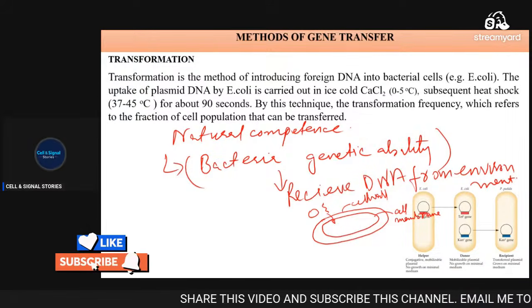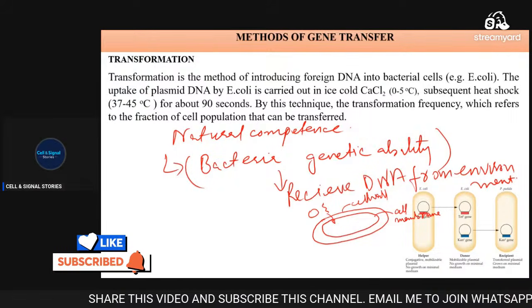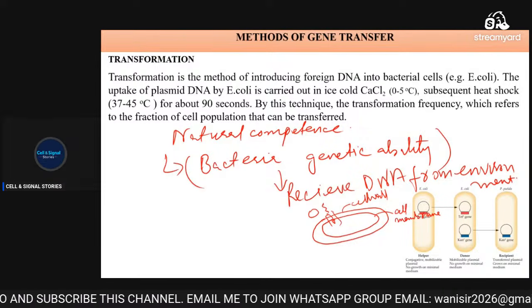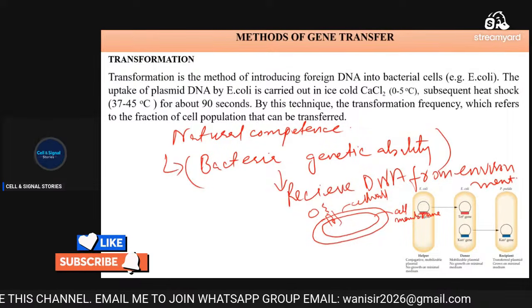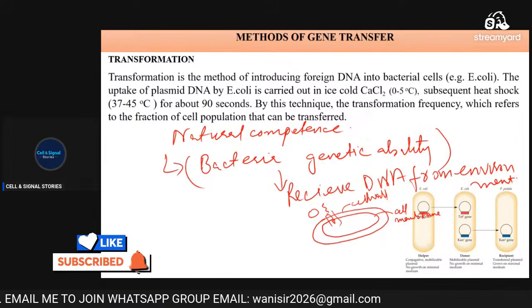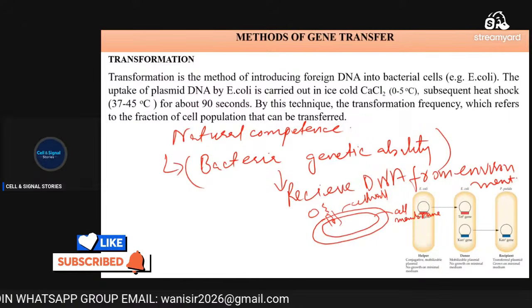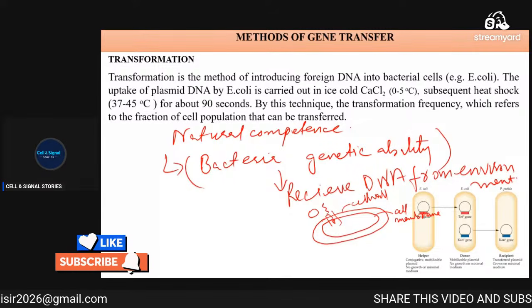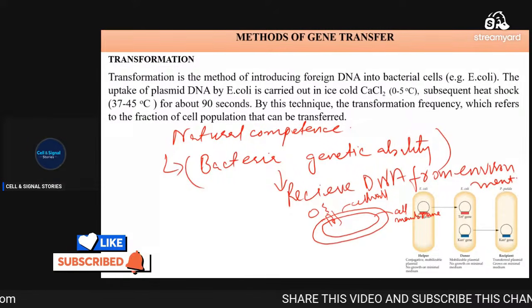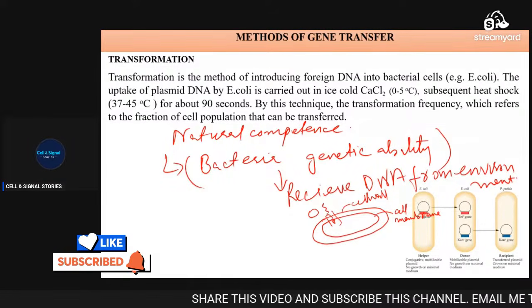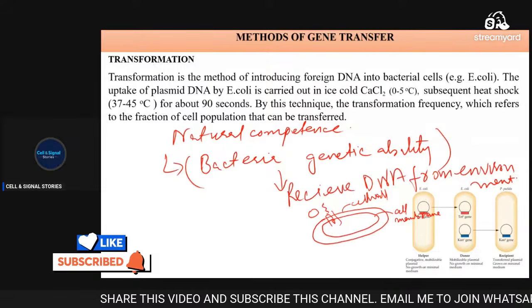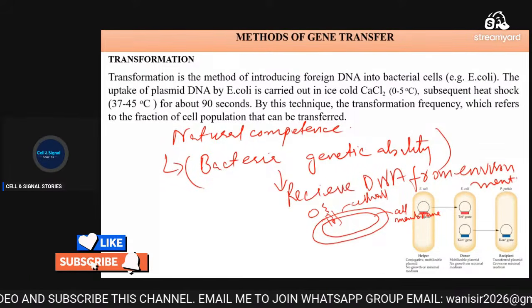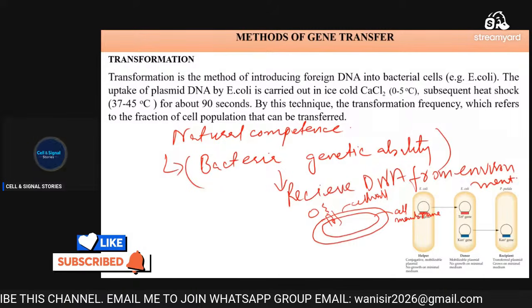We can't artificially make a pore in the bacterial cell wall and then introduce the DNA. So we need to develop a condition through which the cell wall and cell membrane will facilitate entry of the DNA into the bacteria. How can we make this bacteria competent to get this foreign DNA? That is the process of formation of competent cells.